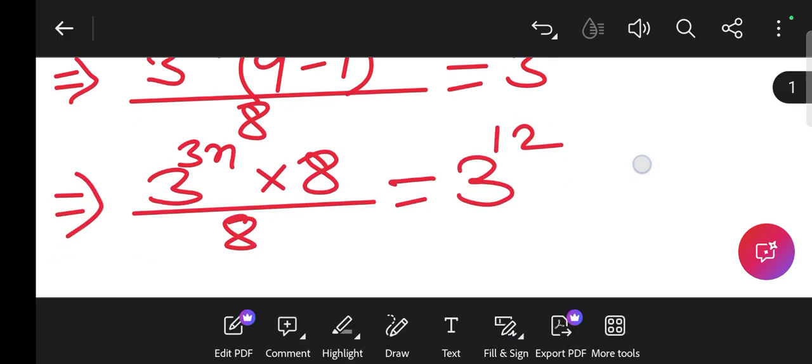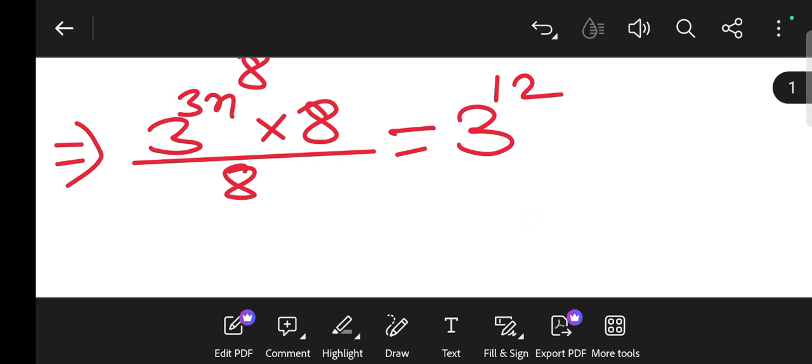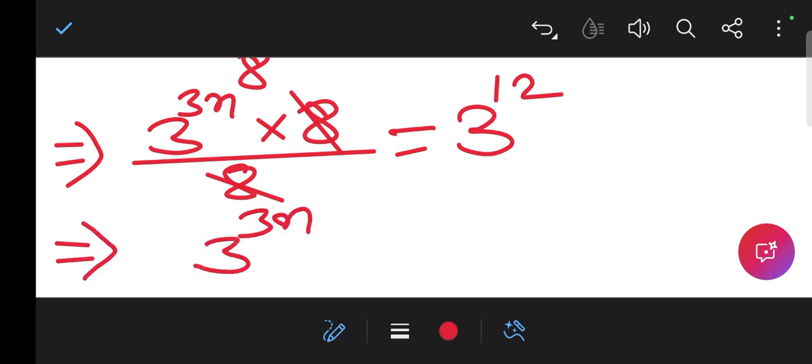Now we are almost about to reach the solution. This 8 is going to be cancelled with this 8, and we are going to get an equation where on both sides we have the same bases.